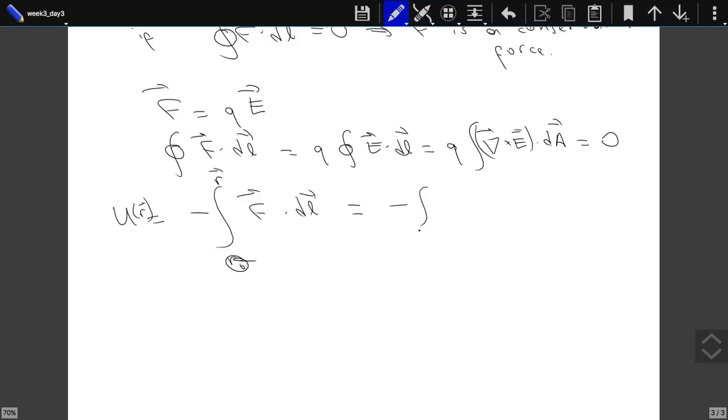This is equal to minus, for the electric force at least, Q times E dot dl. But this is equal to, without the minus, Q times the integral of E dot dl.